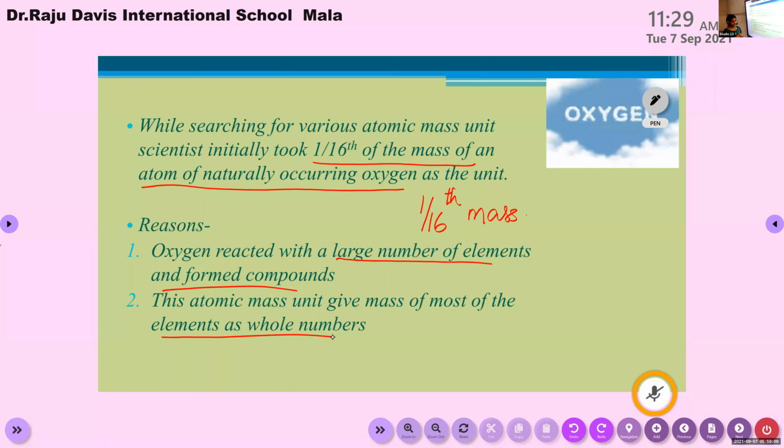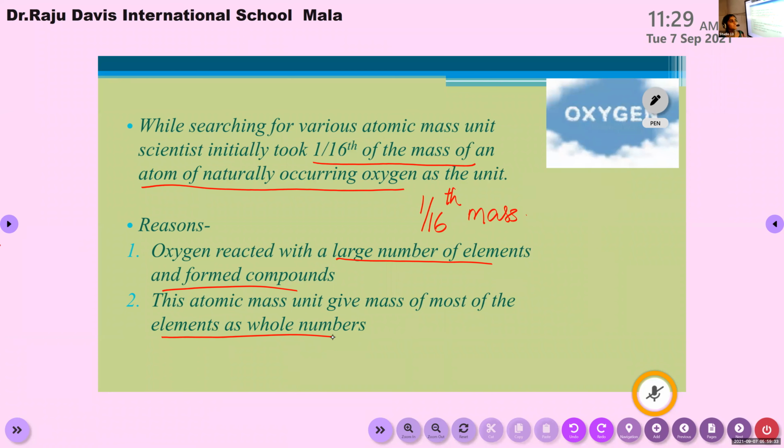Okay, clear, children? I will repeat it once again. While searching for various atomic mass units, scientists initially took 1/16th. That means when we consider the mass of oxygen as 16, one part of that 16 is considered as the atomic mass unit.